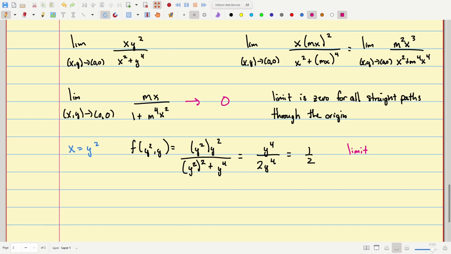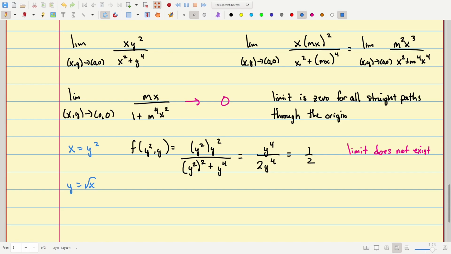Why would you not do y equal to x squared? Does it matter? This is just a matter of looking at the equation and figuring out which thing is going to be the most helpful. I'm trying to get y to the fourth everywhere. So in order to do that, if I wanted to do y instead, the choice would be the square root of x, because that's the same path.